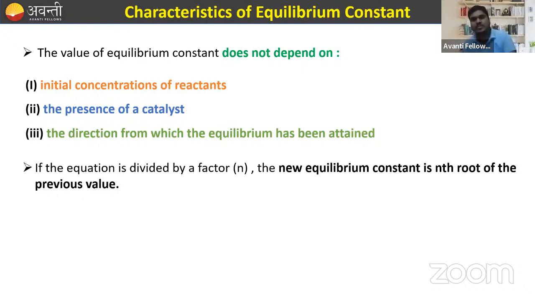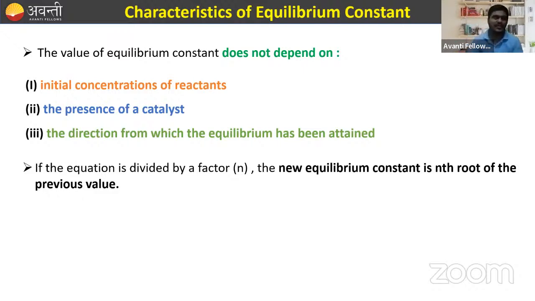The value of the equilibrium constant does not depend on the initial concentration of the reactant, the presence of a catalyst, or the direction from which the equilibrium has been attained. If the equation is divided by the factor n, the new equilibrium constant is the nth root of the previous value. We are going to see some important formulas related to this.